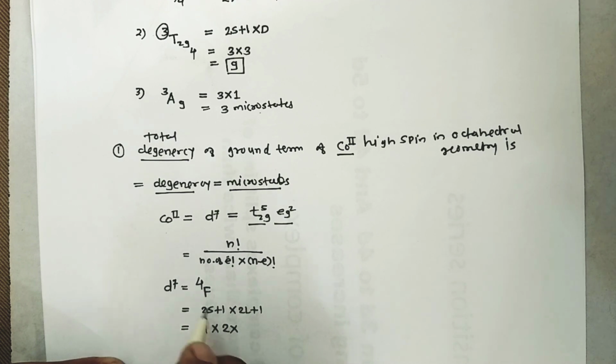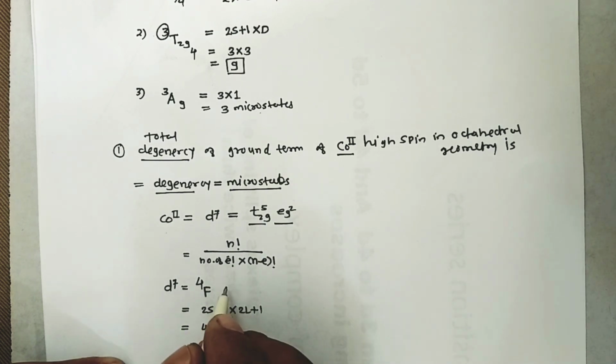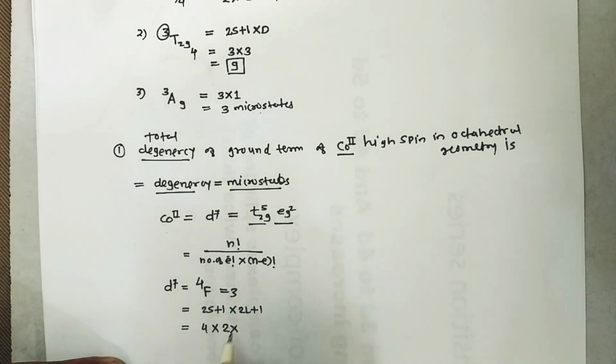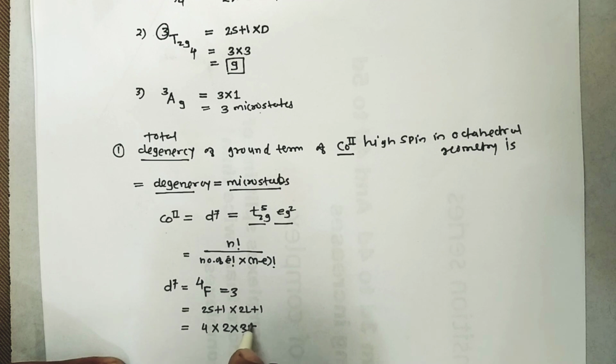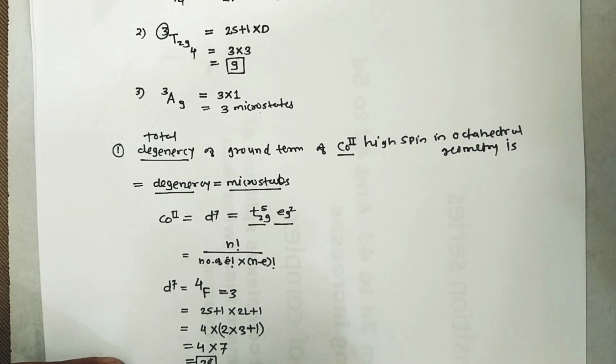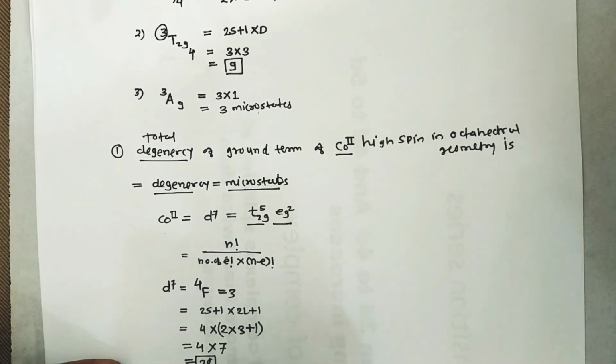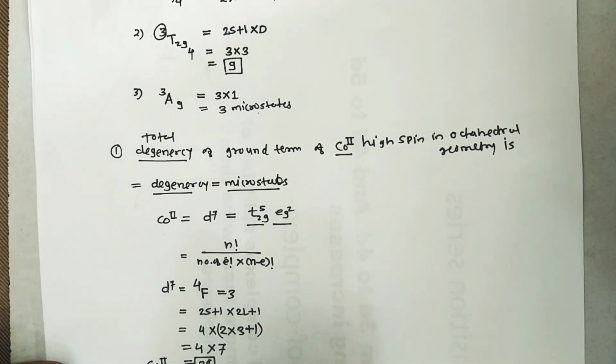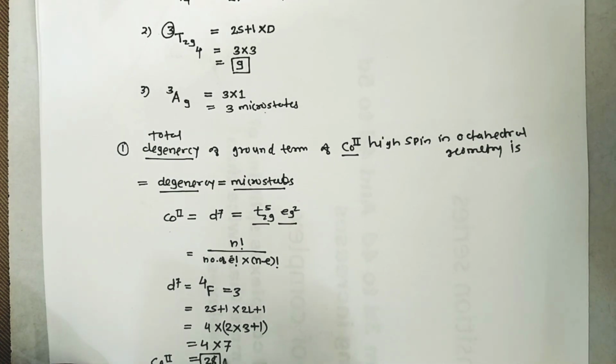For F term, the value of L is 3. So 2 into 3 plus 1, therefore 4 into 7, which is 28. So 28 is the correct answer for the microstates. Therefore for Co2+ high spin complex, the total degeneracy is 28.